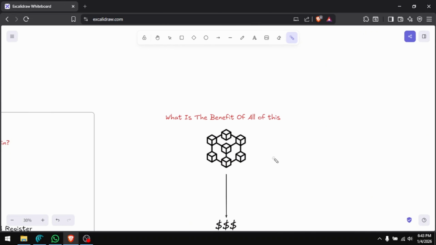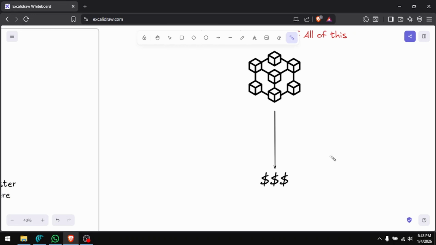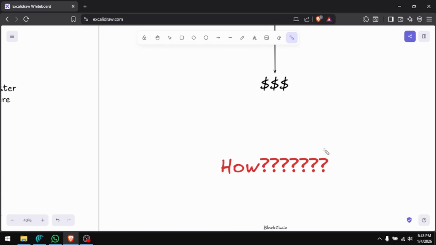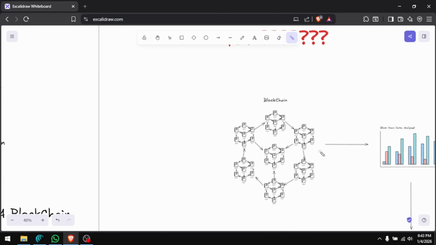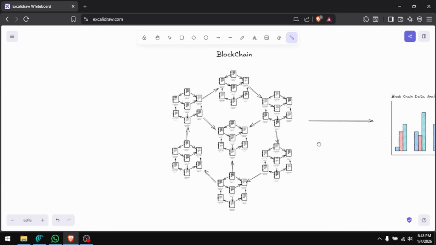What is the benefit of learning about all of this, cryptocurrency and blockchain? It helps you make investment decisions and make money. Simple. You may ask how. Let's go back to the concept of blockchain again. Let's repeat it: it's a collection of records.